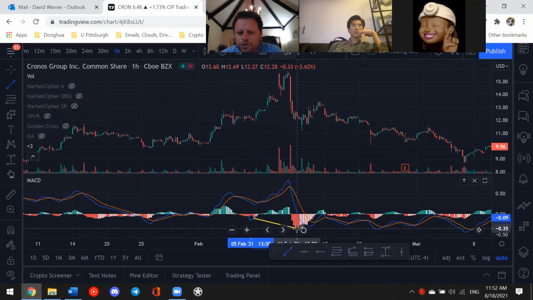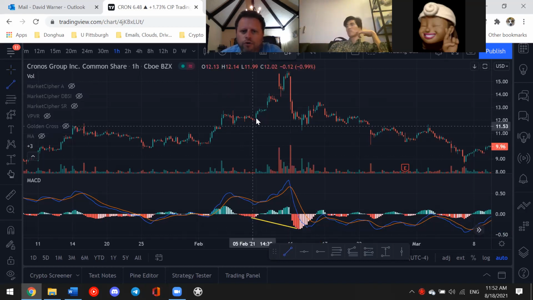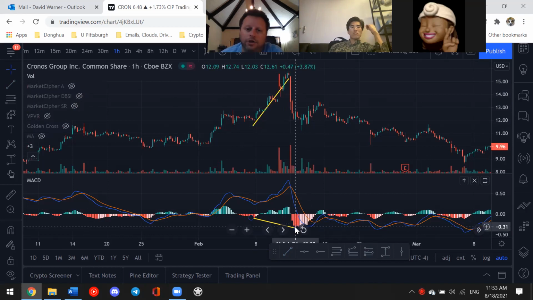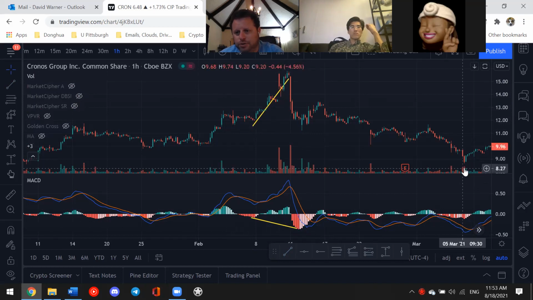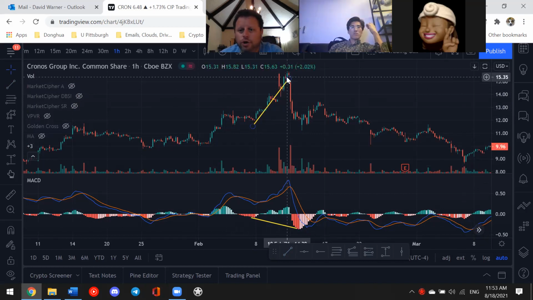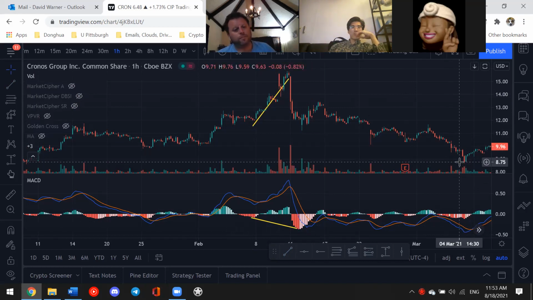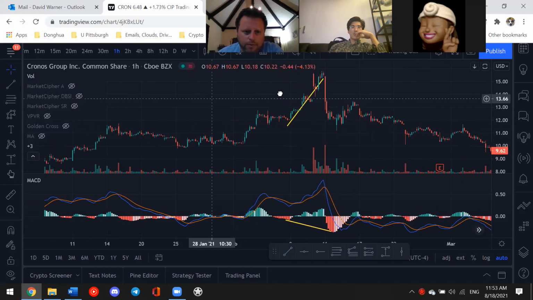But if you're looking at the histogram, this shows you a trend going down while price is still clearly going up. And this would have been a very clear indication. Momentum is slowing down so much, but the price is still going up, it's going to crash. And it absolutely did. And it was a huge crash, from $15 all the way down to like $8.50. If you were shorting that, you could have made a lot of money. So I prefer to use the histogram.